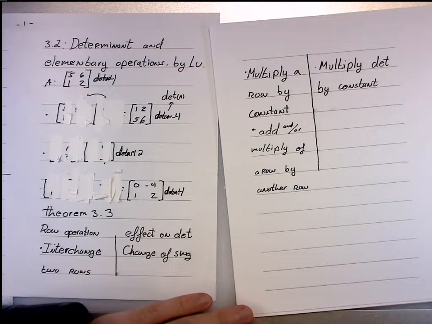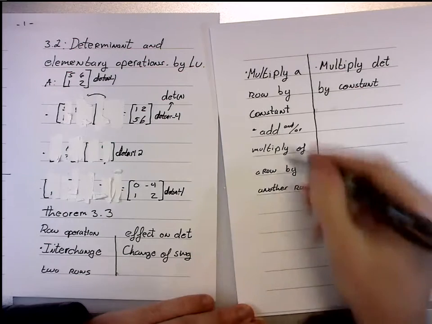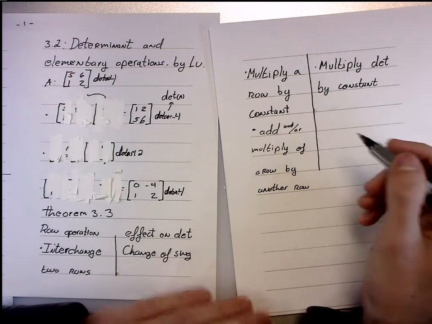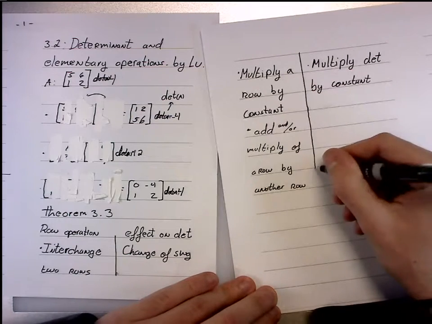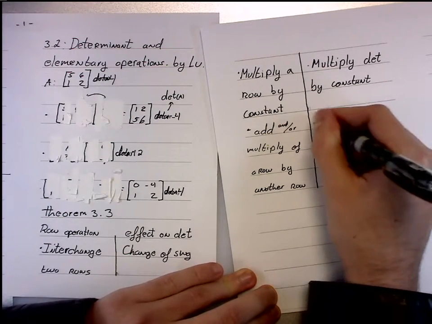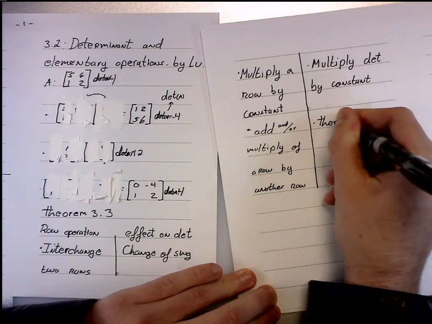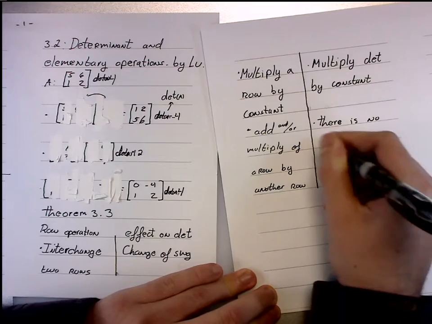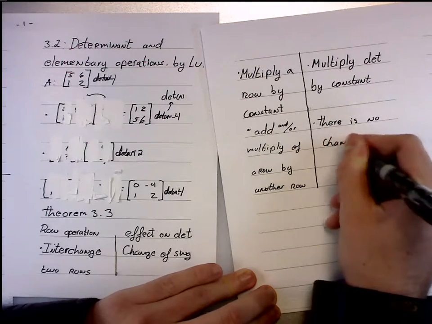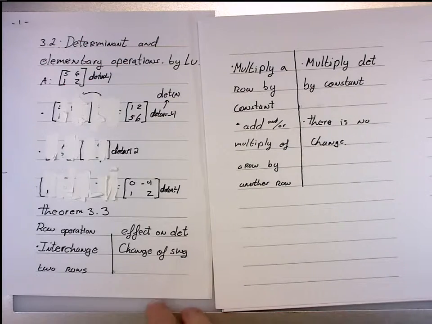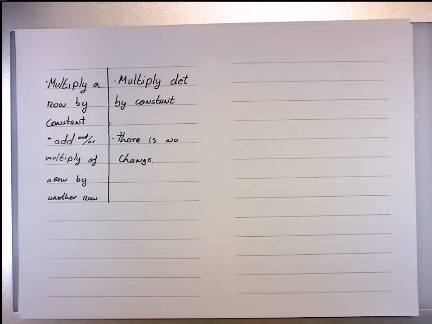If you do that to a row by another row, there's going to be no change on the matrix's determinant. So this is theorem 3.3, and it should apply for every single row.